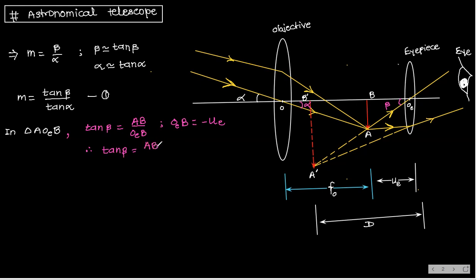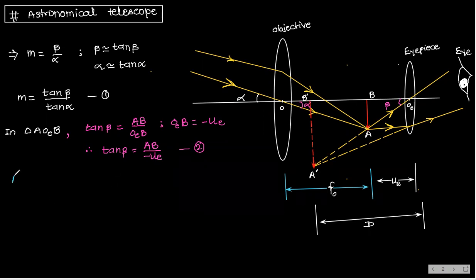Yes or no? AB by minus UE. Call this equation number 2. Okay. Similarly, now I am taking triangle AOB, where I have shown alpha angle.